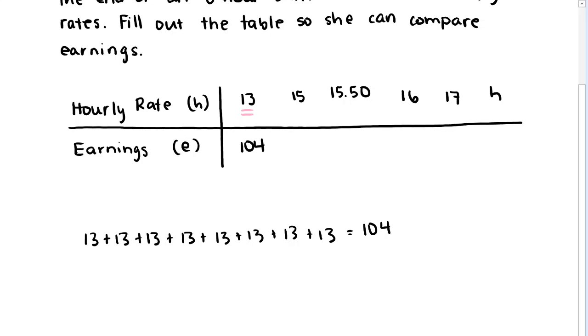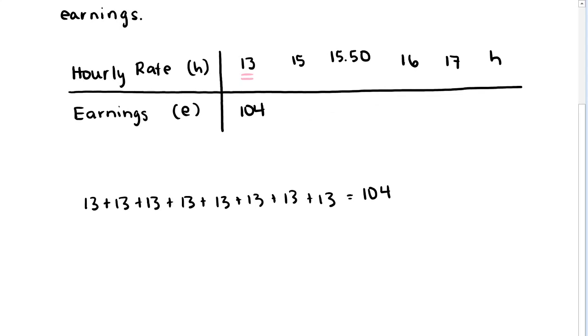And then a more direct way of computing this, I hope it's very explicit and clear why this is a valid way to compute the earnings, is 8 times 13. Multiplication is just a way of saying repeated addition. 8 times 13 is just a way of computing 13 added to itself 8 times. And so this is really the same as multiplying 13 by 8.